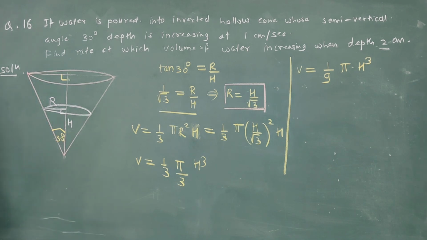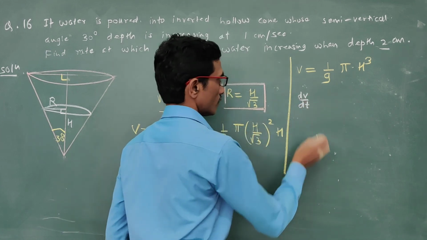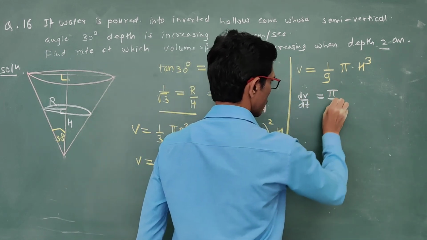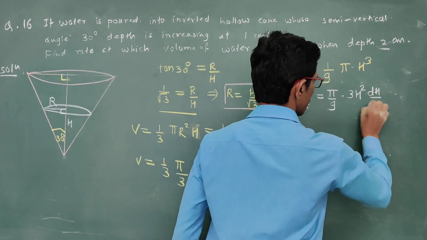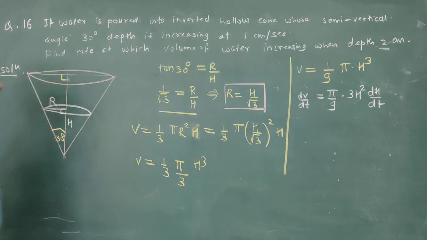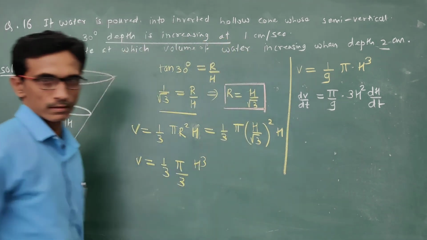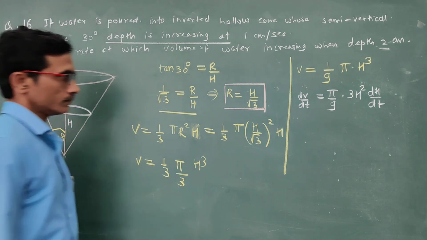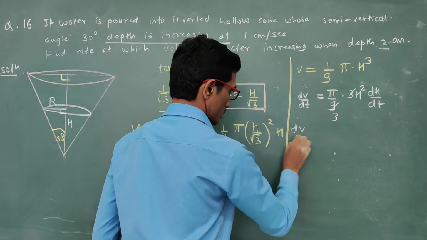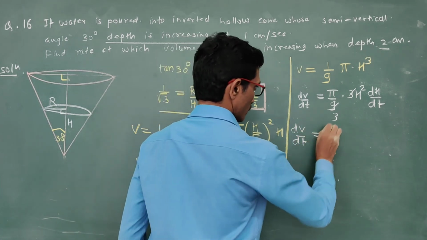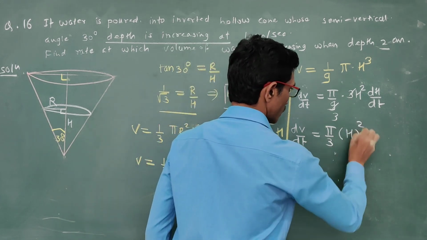So dv by dt is equal to pi upon 9 into 3h square into dh by dt. dh by dt is given to us as 1 centimeter per second. This 3 is getting cancelled over here. So dv by dt is equal to pi upon 3 into h square dh by dt.